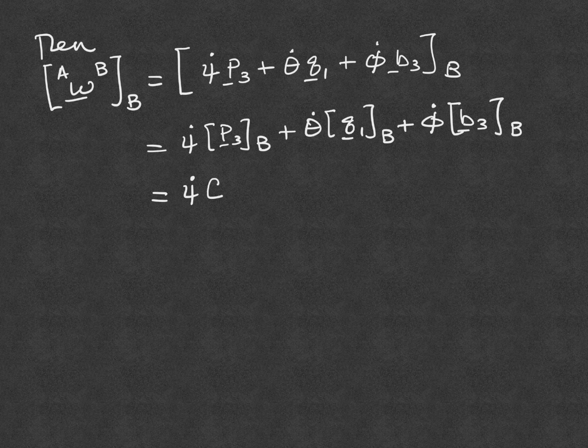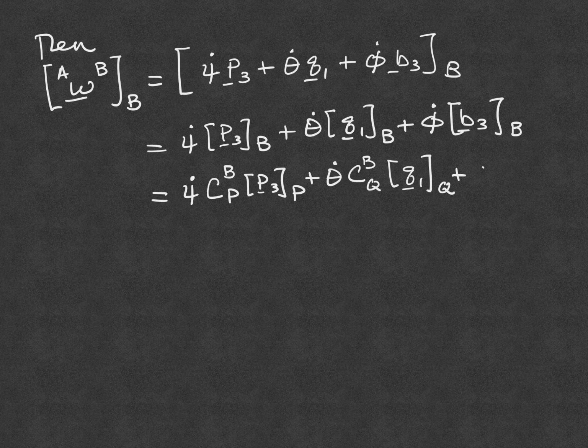Well, it's the transformation from P to B times P3 expressed in P, plus theta dot times the transformation from Q to B times Q1 expressed in Q, plus phi dot times B3, which is already expressed in B and is just equal to 0, 0, 1. So now I have to get these transformation matrices, and I have to use them appropriately.